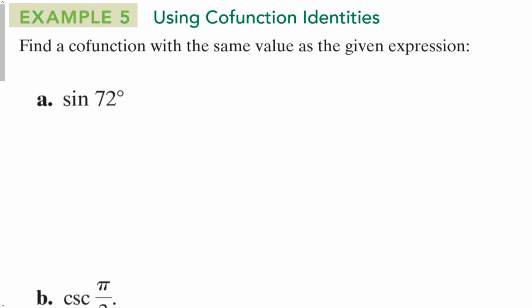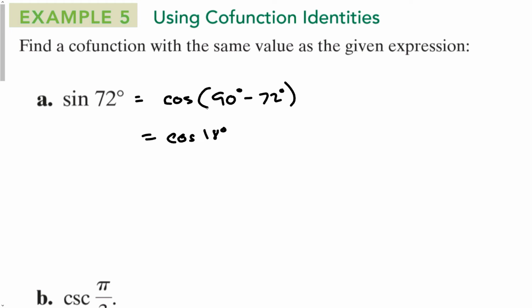So that means that this is equal to something with 90 minus theta. Okay, so the sine of 72 is the same thing as the cosine of 18 degrees. That's all there is to it, right?